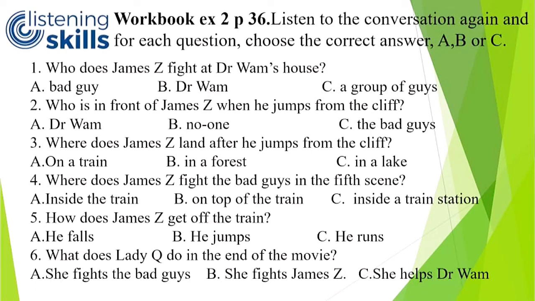He's dirty and tired, but he must keep going. Then he sees a train station and there's a train coming. He runs to catch the train. Ah, but he doesn't know that Dr. Wham is on the train. Right. This is the next big scene, the fifth one. After he gets on the train, James Z sees Dr. Wham and his men. The bad guys run at James Z, but James Z goes out of a window and gets on top of the train. That's where the big fight scene is.